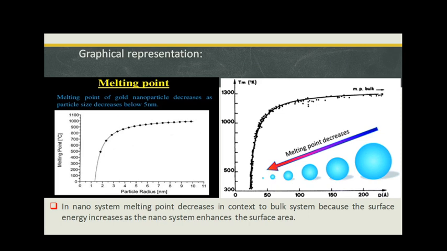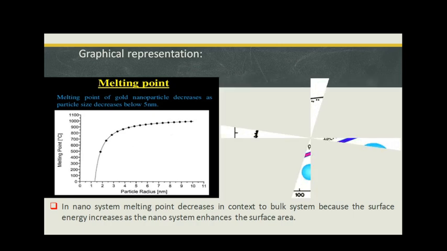The bulk material does not have a large surface to volume ratio, but in a nanophase system you have a large surface to volume ratio, and the number of atoms available on the surface increases, and therefore the variation of the melting point is underlined.